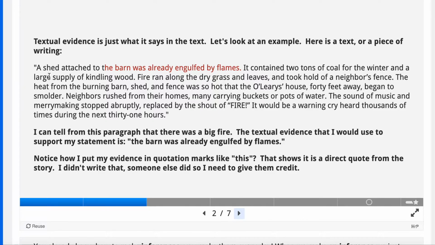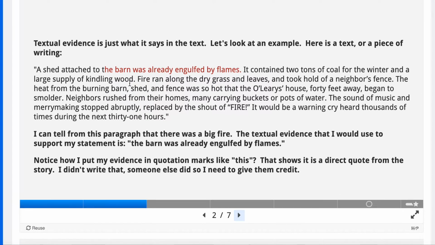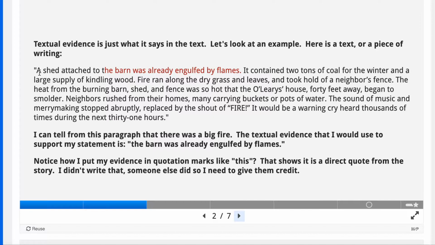Here is a quote from a nonfiction article about a big fire that happened in San Francisco a really long time ago. It says, "A shed attached to the barn was already engulfed by flames. It contained 2 tons of coal for the winter and a large supply of kindling wood. Fire ran along the dry grass and leaves and took hold of a neighbor's fence.